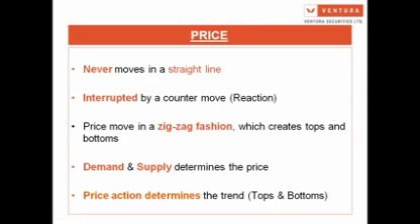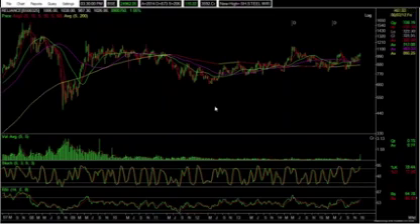Now price. As we all know, price never moves in a straight line. It goes up, comes down, goes up, comes down. So price is interrupted by a counter move. That is called a reaction. When it goes up, again it comes down, interrupted by a counter move, that is a reaction, and this forms a zigzag pattern in the price chart, and this zigzag pattern creates tops and bottoms.